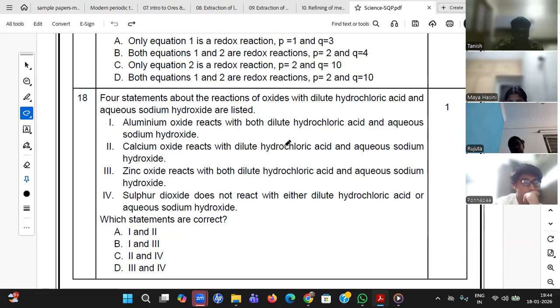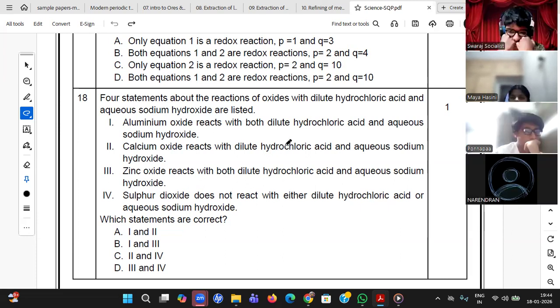Sir, but then it can react with both, right? It's amphoteric. So the first one is right, you are saying. I'm just seeing the ABCD options. Second one, calcium oxide.